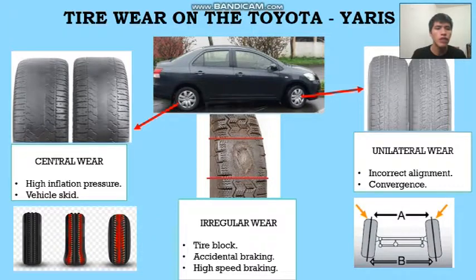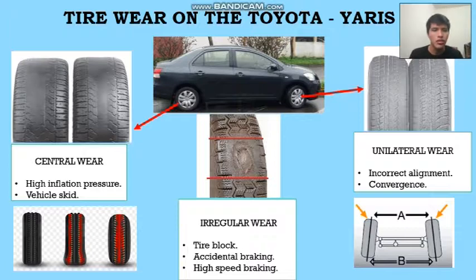Continuing, here we have tire wear on the Toyota Yaris. When we evaluate the condition of the tires, we found three types of wear. The front tires present unilateral wear. This type of tire wear is on the outside of the tire.